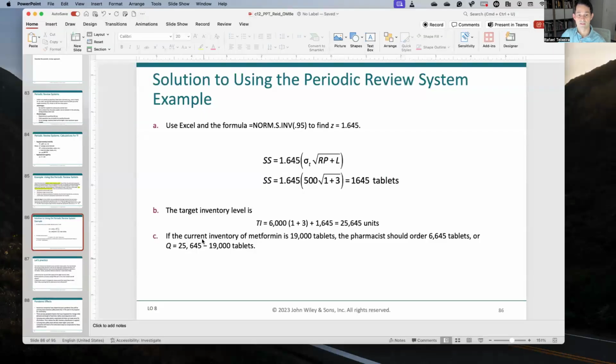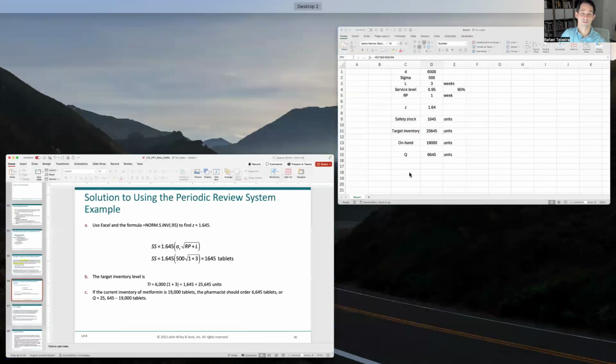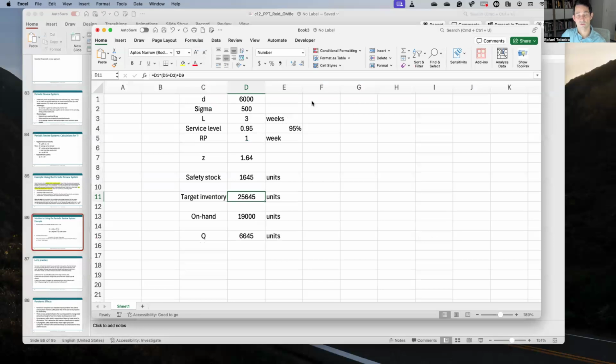And if the current inventory is 19,000, the pharmacist should order 6,645. That's how we manage the inventory and the safety stock and all the information you need in the periodic review model. Okay, that's it.